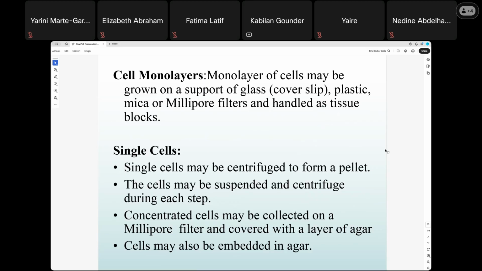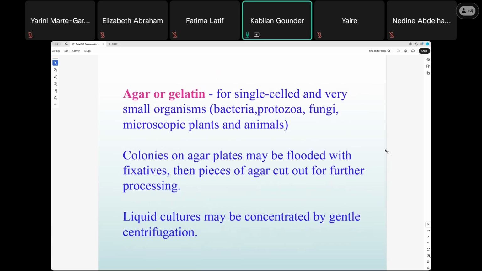Then we cut small pieces of that, and you can process for the subsequent steps. Another is agar or gelatin for single-celled and very small organisms: bacteria, protozoa, fungi, microscopic plants, and animals.